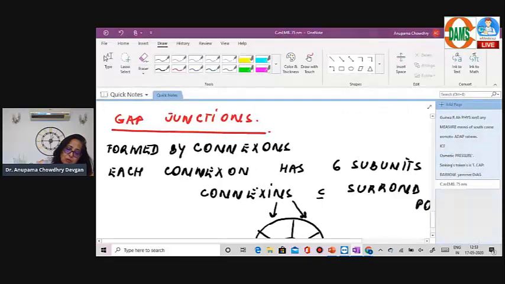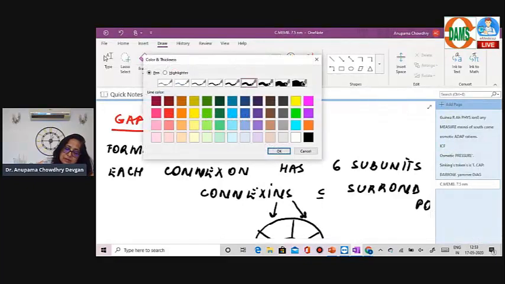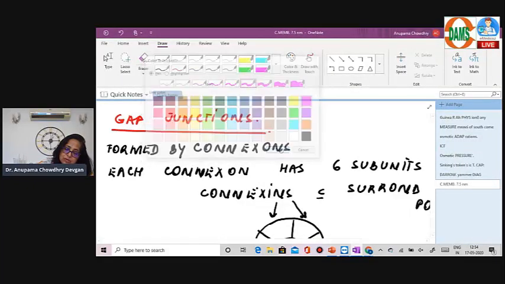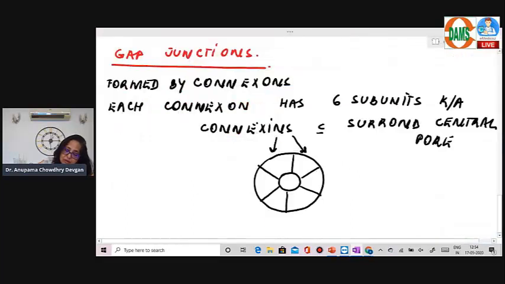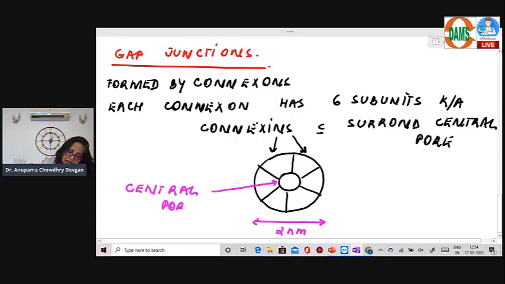If you look at the diameter of the connexon, it is 2 nanometers. The central pore here has a diameter of 0.3 to 0.8 nanometers.